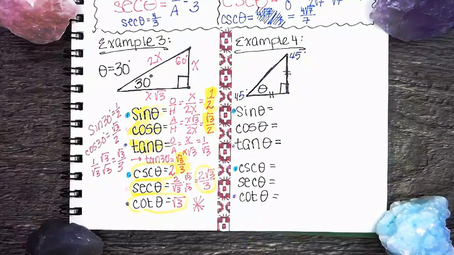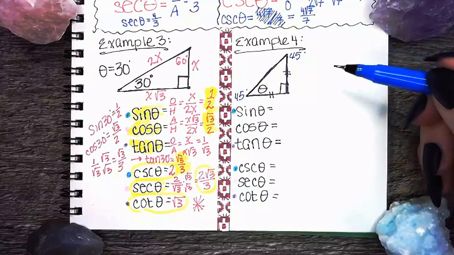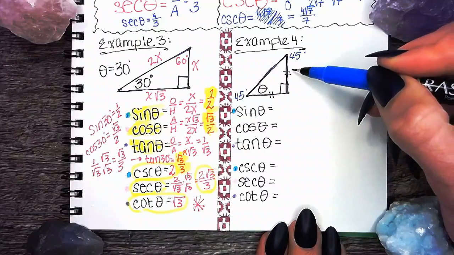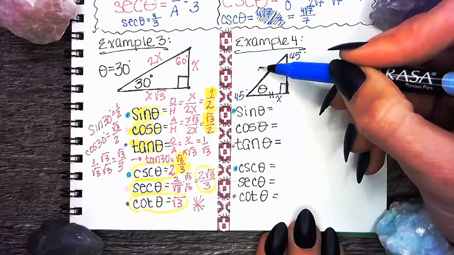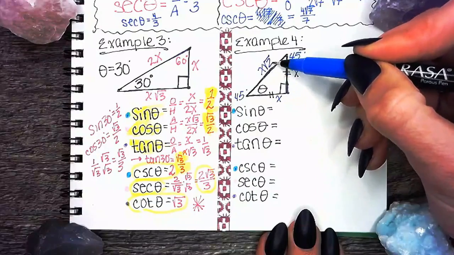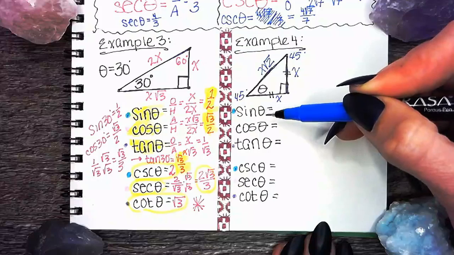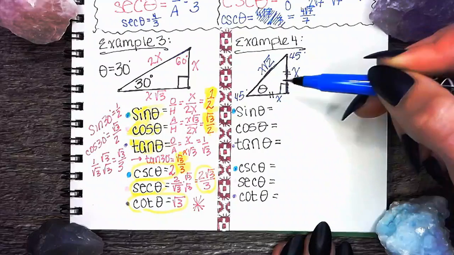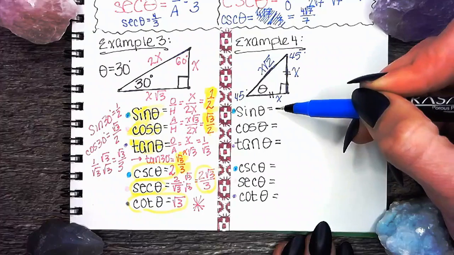We're going to treat this one just like we did the 30, 60, 90, and we're going to label the expressions we learned when we learned our special right triangles. X, x, and x root 2. Sine of theta, whether we look at this angle or this one, we'll get the same thing, is the opposite over hypotenuse.